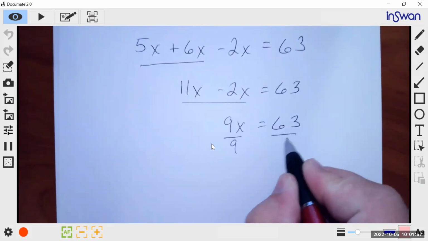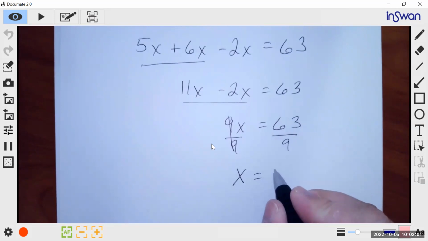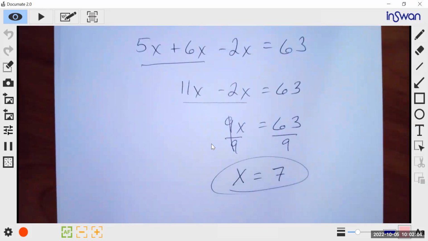Divide both sides by 9. 63 divided by 9 is 7.